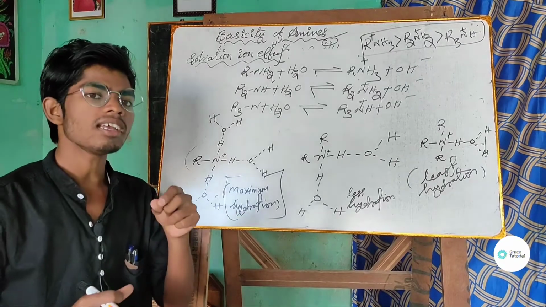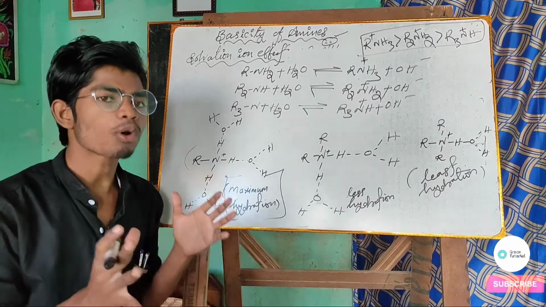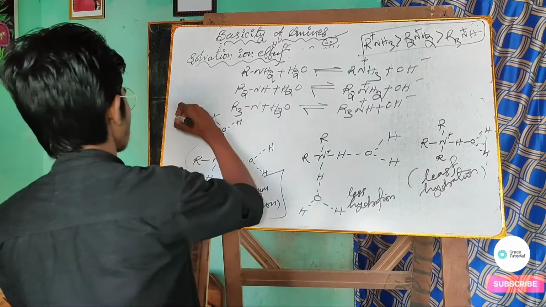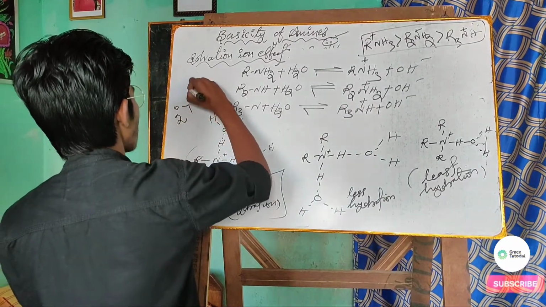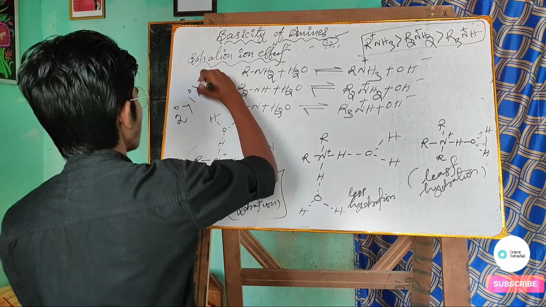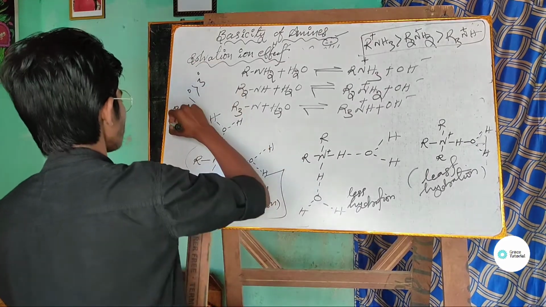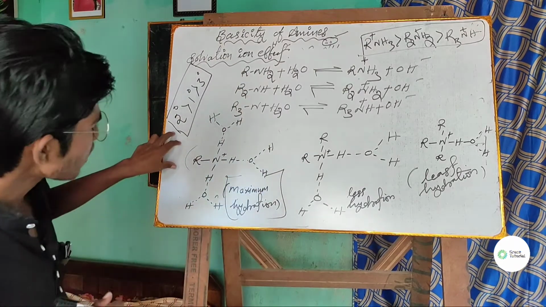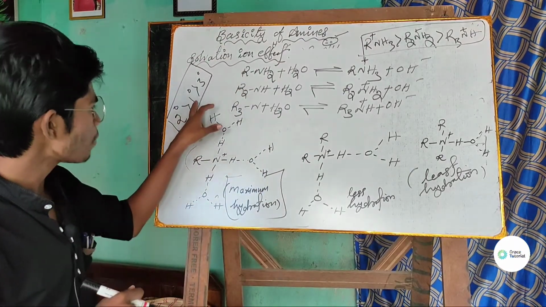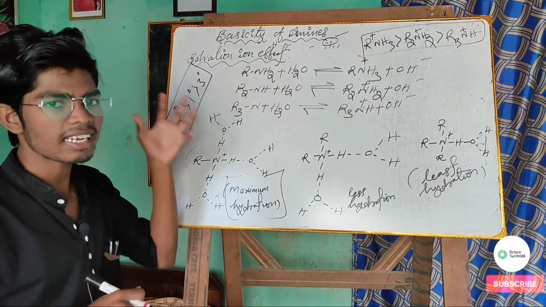The secondary amine is the strongest base. The secondary amine is the strongest base. Then after primary, then we have tertiary. So this is actually the order. The secondary amine is more basic than primary, and the primary amine is more basic than tertiary.